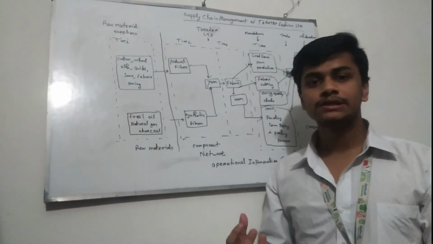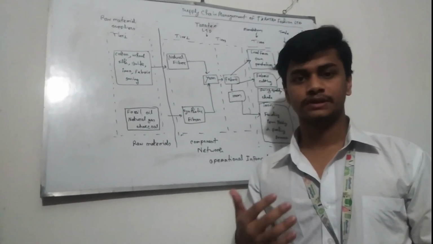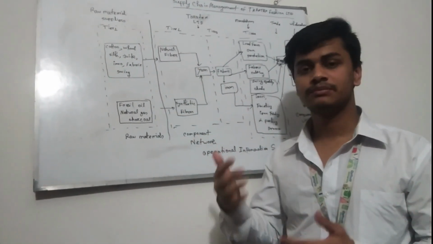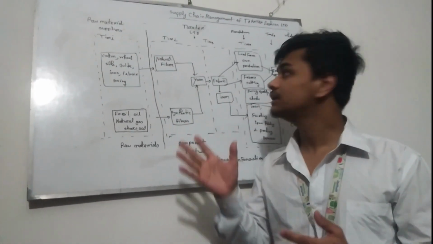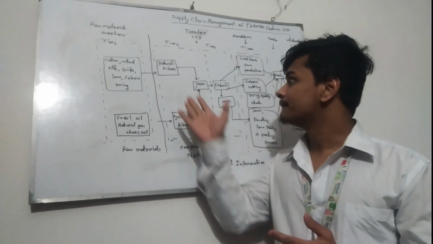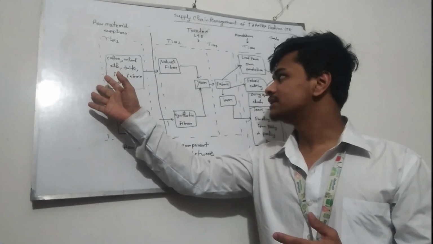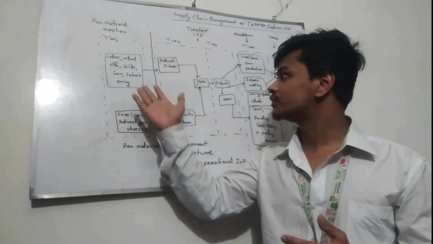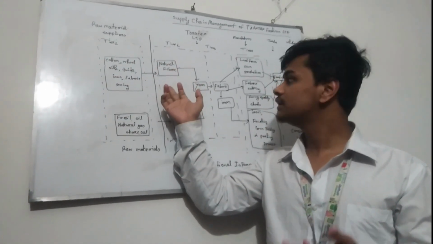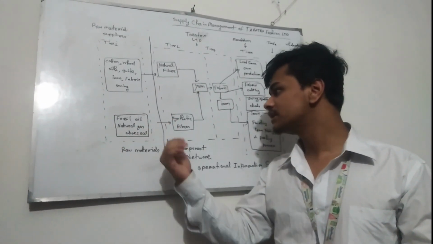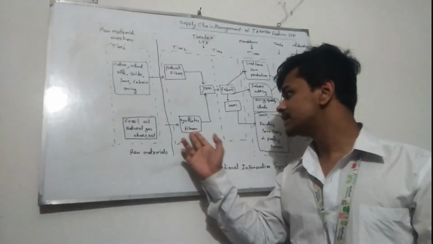After collecting the raw materials from diverse types of suppliers, the next part is done at the company, Taratex Limited. This is tier 2. When these materials are processed, they convert to natural fiber, and these raw materials convert to synthetic fibers.